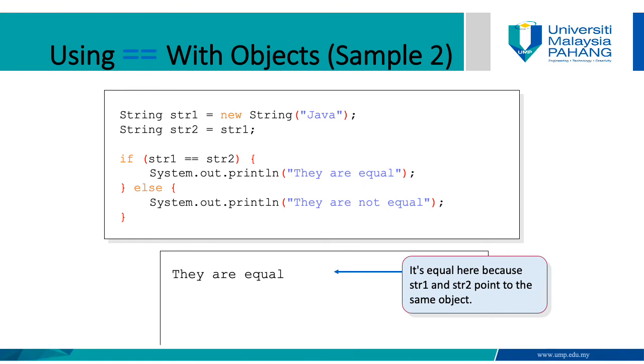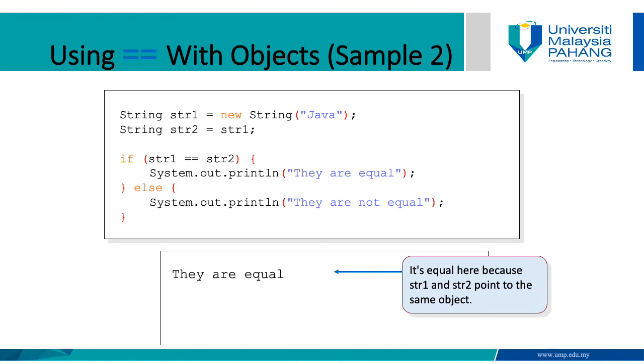And then we just do str2 equal to str1, which is referring to Java. If str1 equal to str2, we are going to print out the result. So using your logical mind, now str2 and str1 are supposed to be what? Supposed to be Java, right?